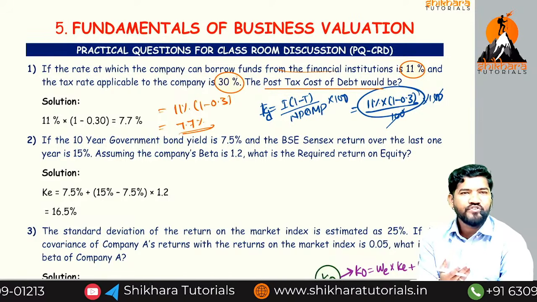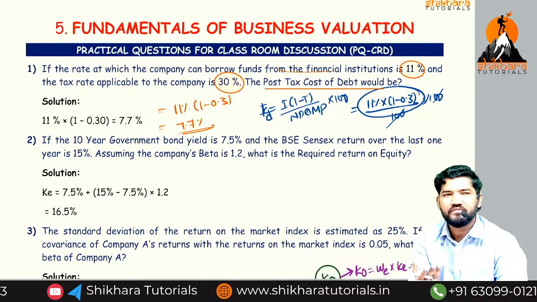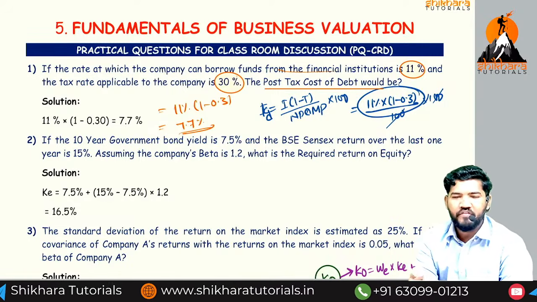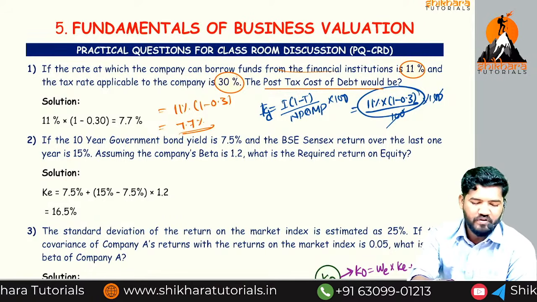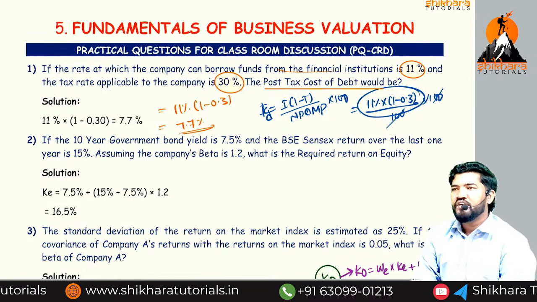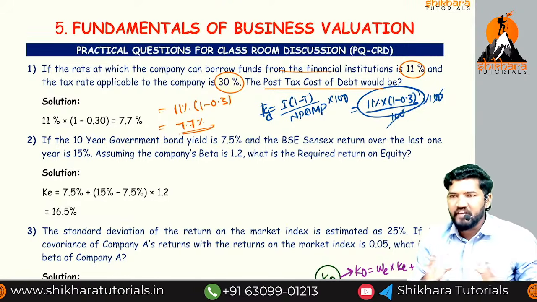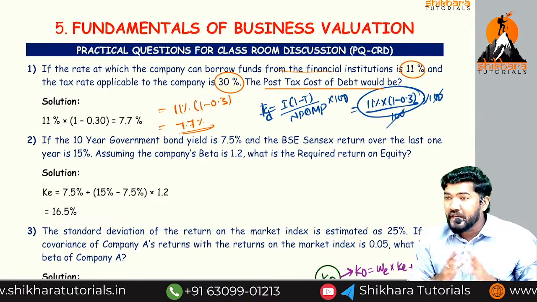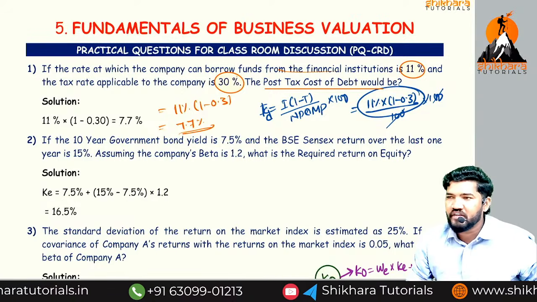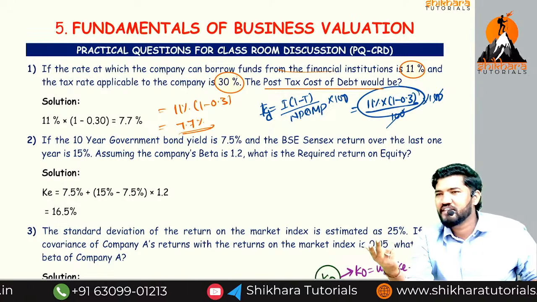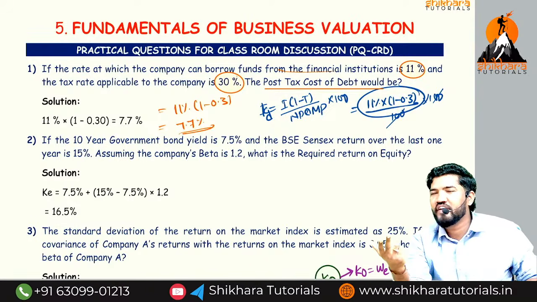This kind of MCQ they will ask in the final exam. Seriously, one question they have asked repeatedly, two times: if the company raises capital fully through equity, then the company's KO is nothing but KE. That is 2 marks, and you need not give any explanation.